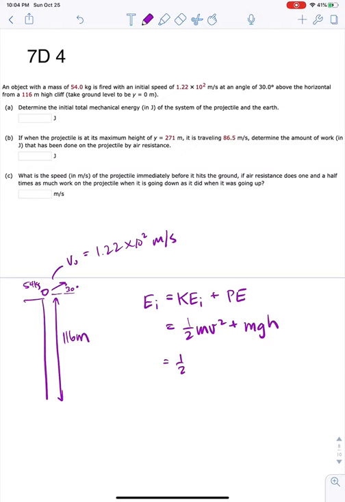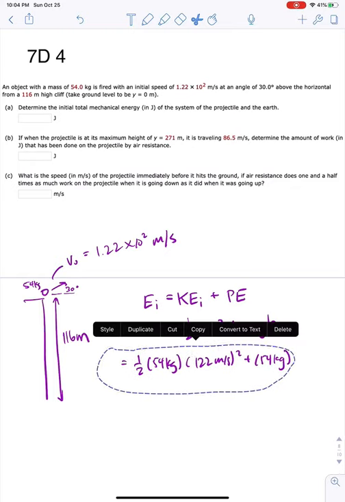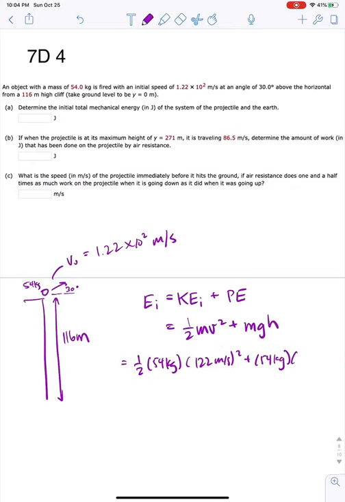So 1/2 times 54 kilograms times 122 meters per second squared plus 54 kilograms times 9.8 meters per second squared times 116 meters. And that gives us a total mechanical energy of 4.63 times 10 to the 5th joules.